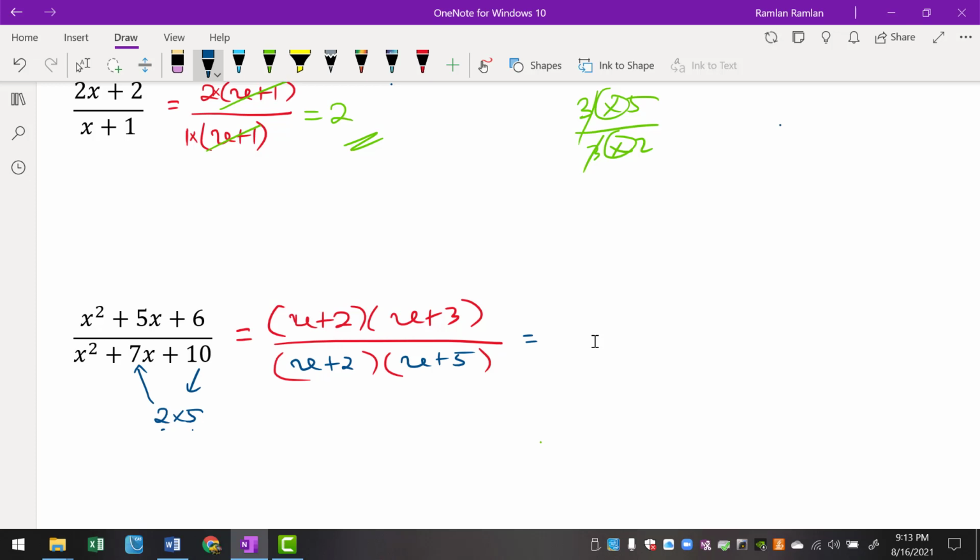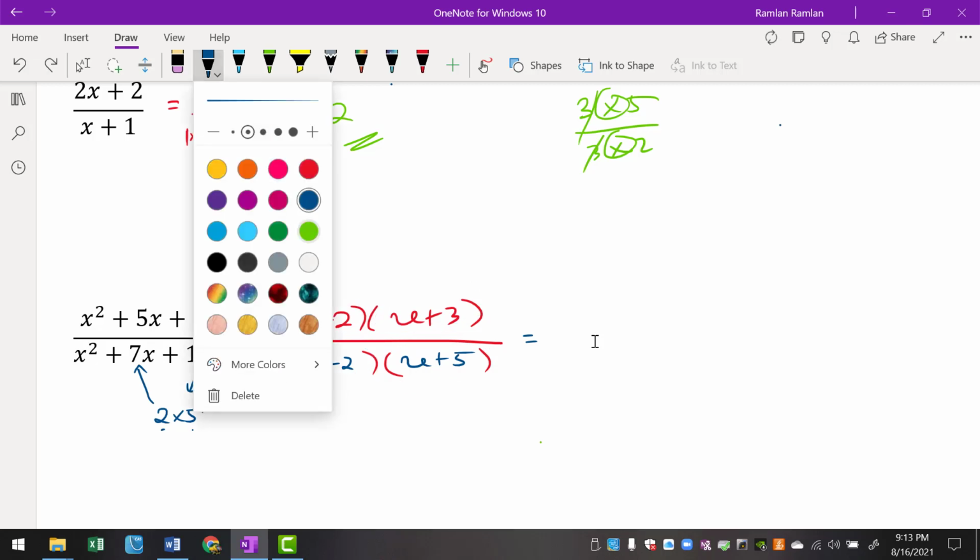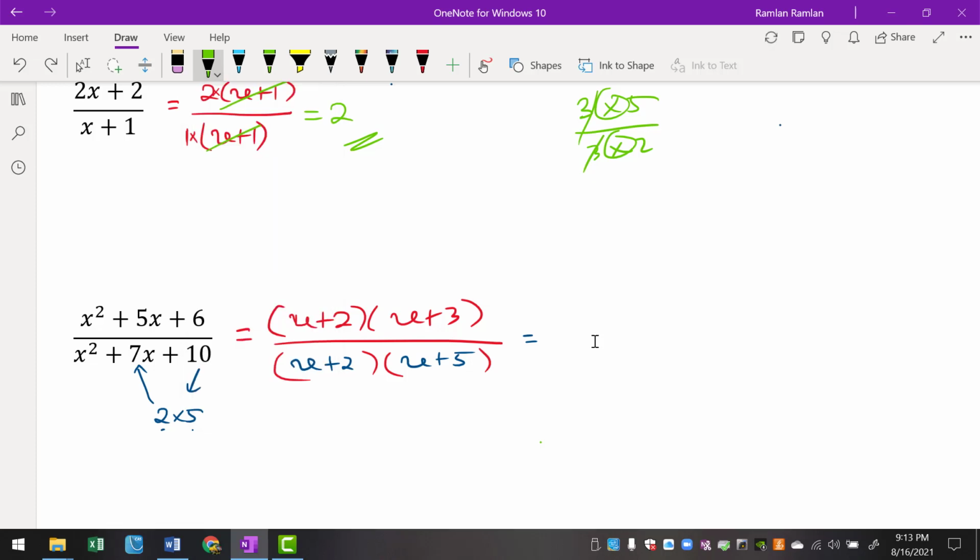The same thing, guys, this factor is multiplying with this one in the numerator, and this one is being multiplied with this one in the denominator. So if we see that we have the exact same factors, we can just cancel, right? This is x plus 2 and this is also x plus 2.